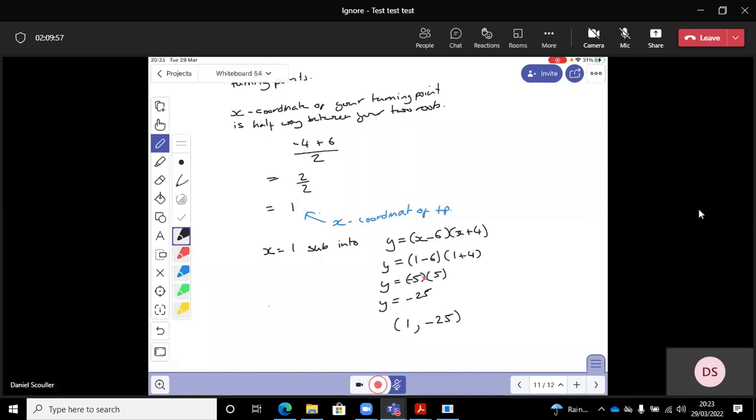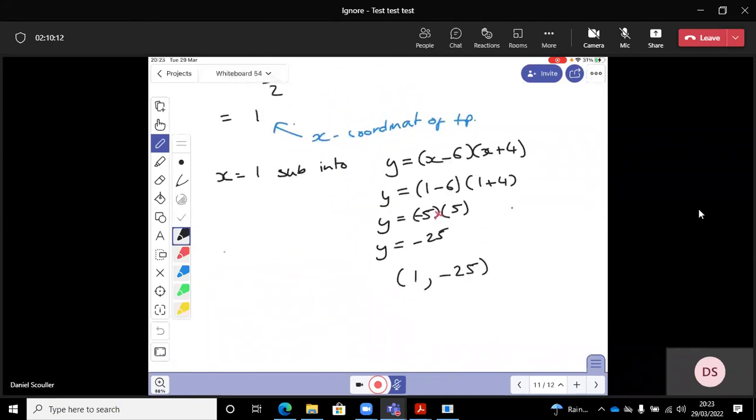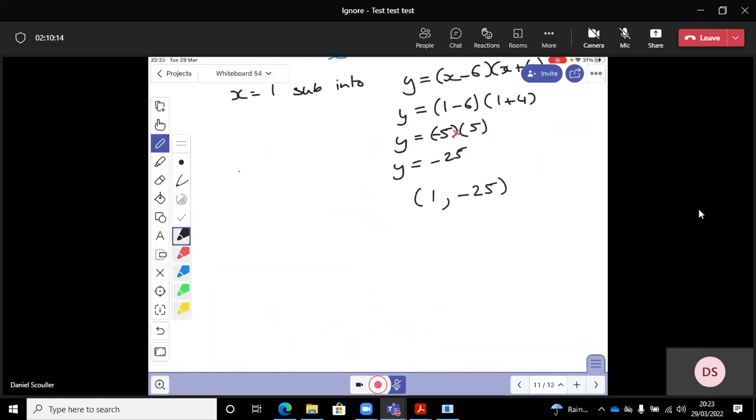So your x coordinate of your turning point is halfway between your two roots. So that's us found the turning point. We've got two roots. We also want to find where it cuts the y-axis. It cuts the y-axis when x is equal to 0.